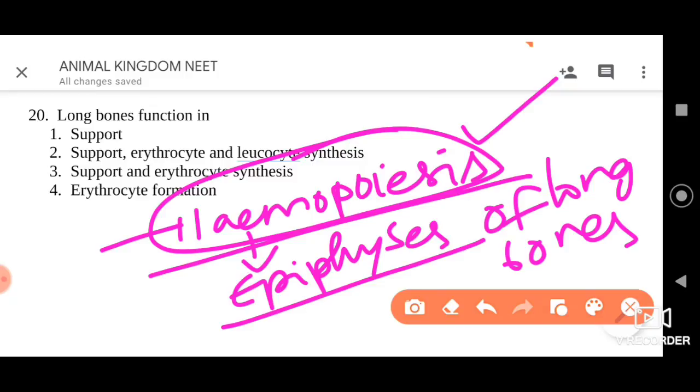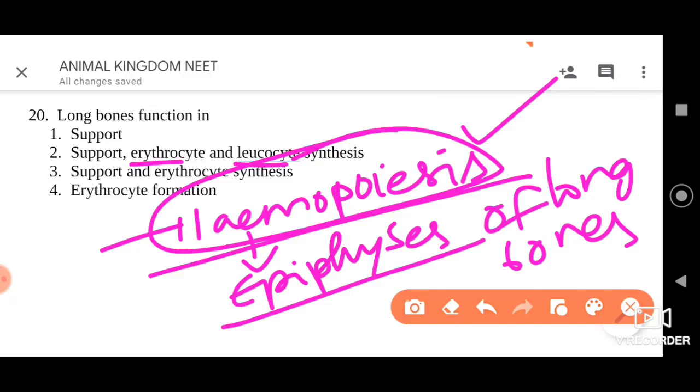That is both red blood cells as well as the white blood cells, WBCs, that is leukocytes. So the WBCs and RBCs are the leukocytes and the erythrocytes. They are synthesized, in fact, by the red bone marrow, majorly.